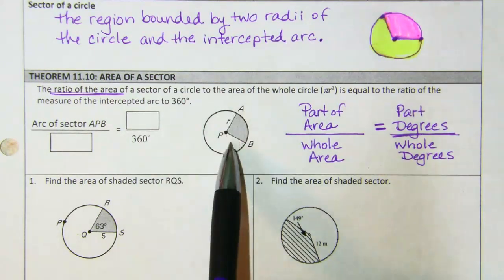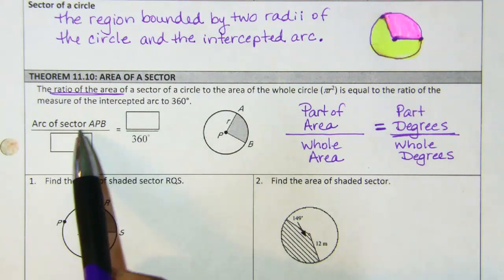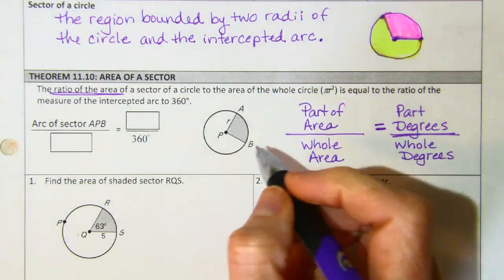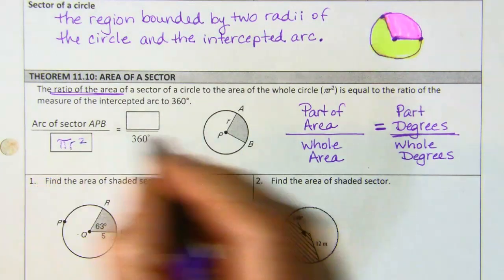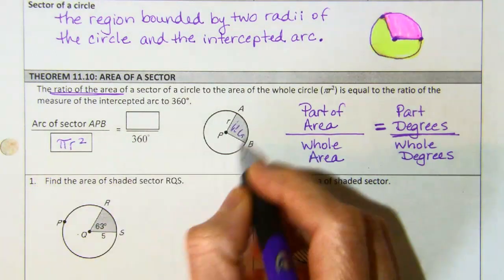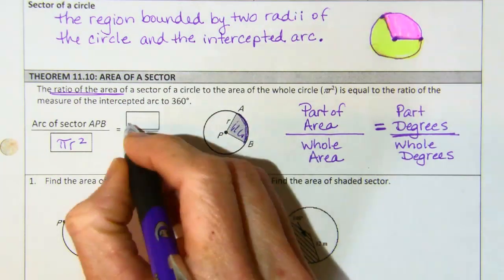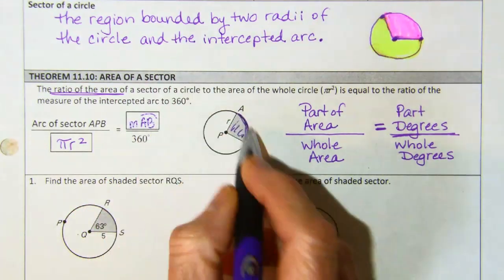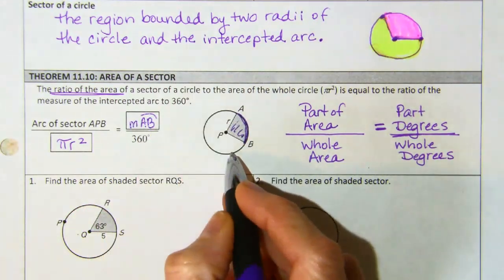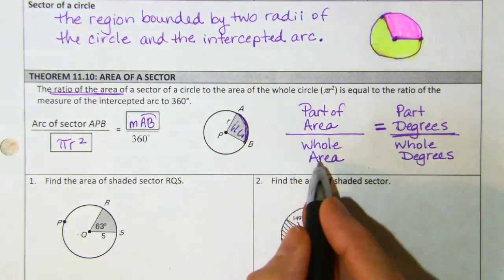So looking at this picture, you have the area of the sector APB over the area of the circle, just like the measure of arc AB is to 360 degrees.